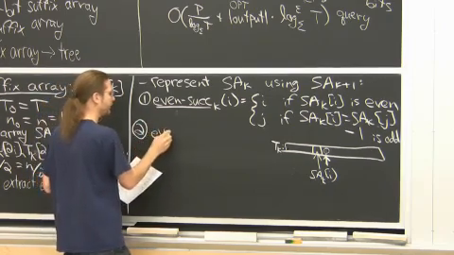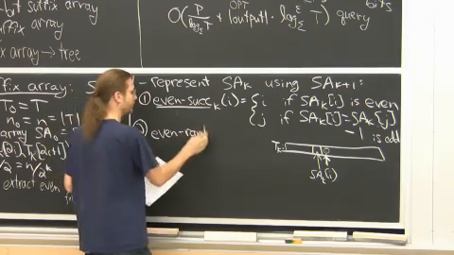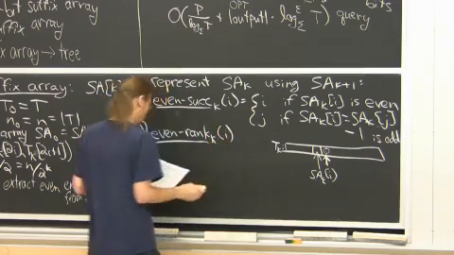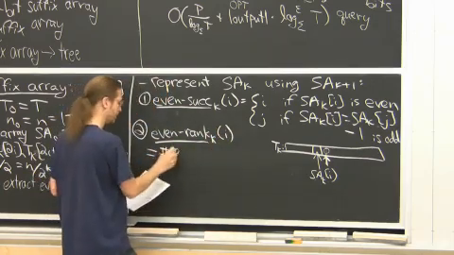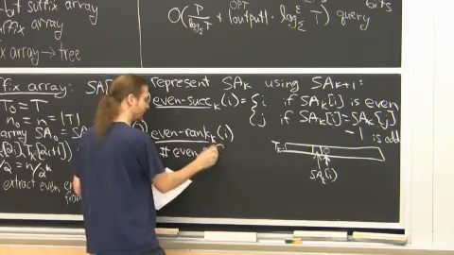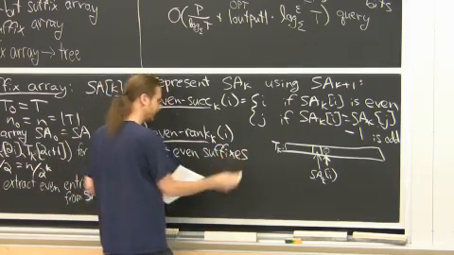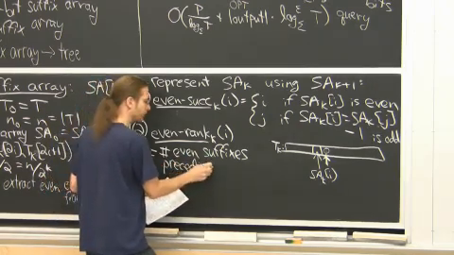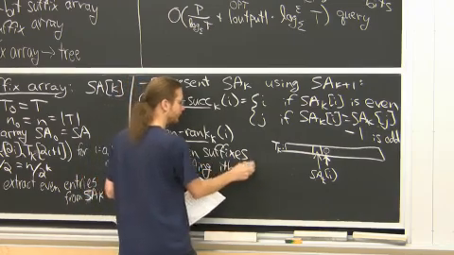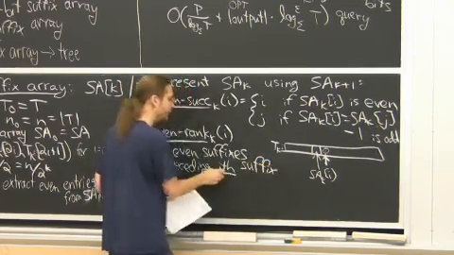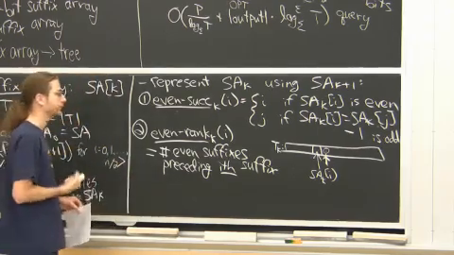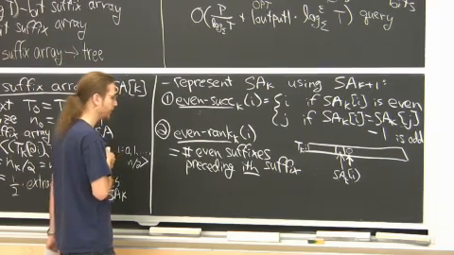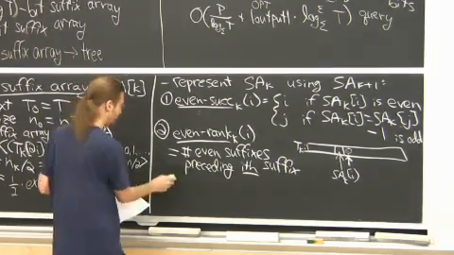Okay, next thing we need is called even rank. This is going to be like our rank function we had before. This is going to be the number of even suffixes. Even suffixes are suffixes starting at even positions, preceding the ith suffix. Ith suffix meaning the ith one in sorted order. So the suffix SA of I. Yeah, so this is, let me be more precise.